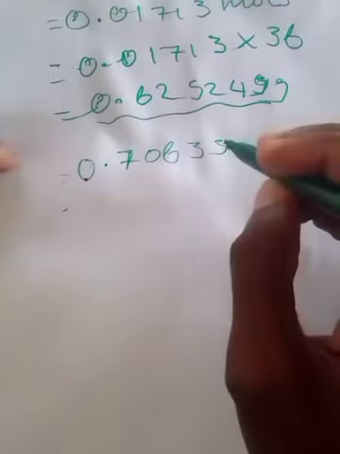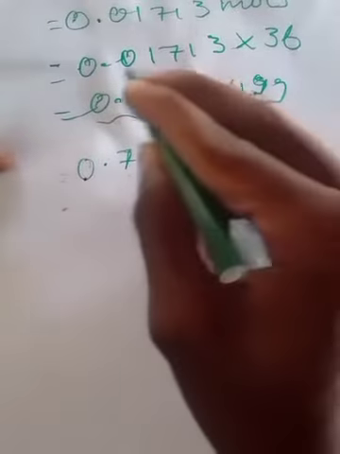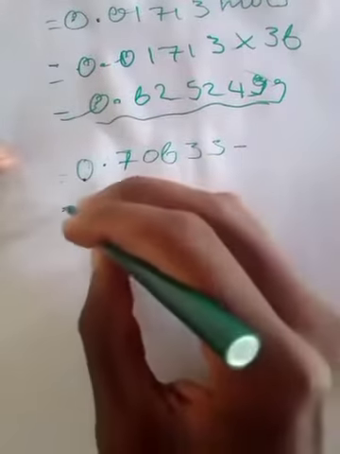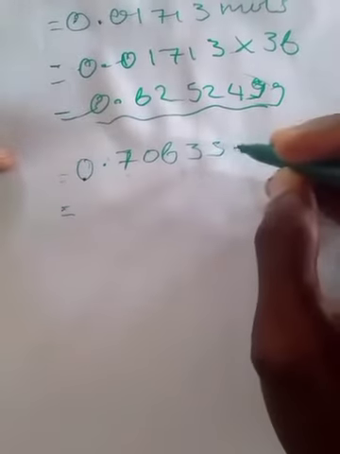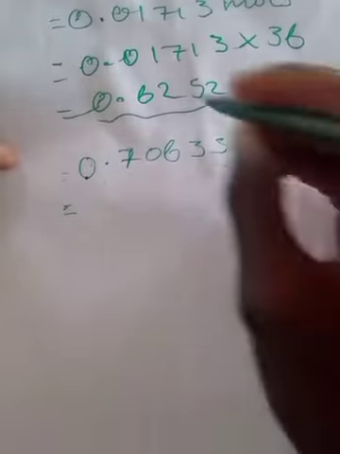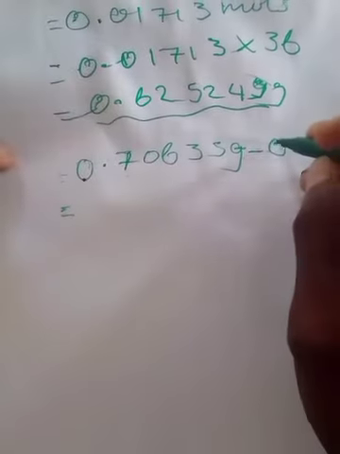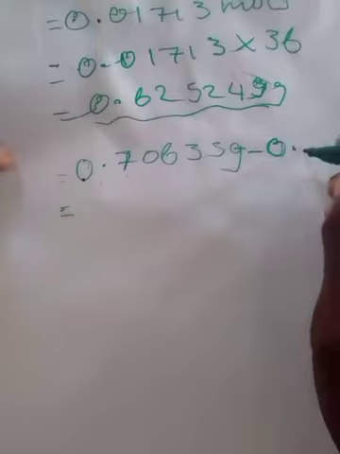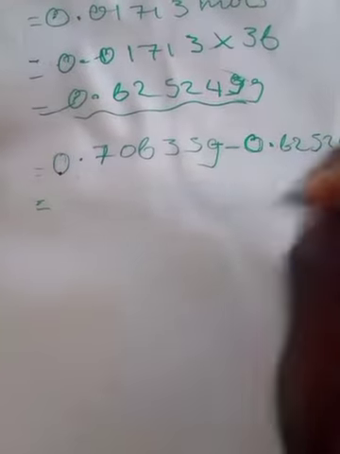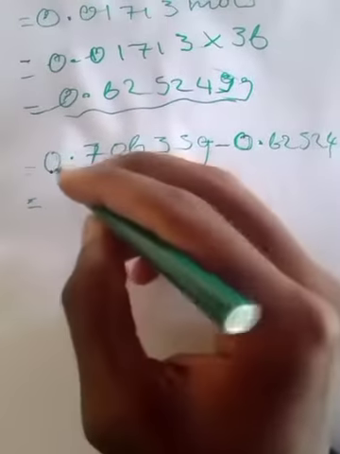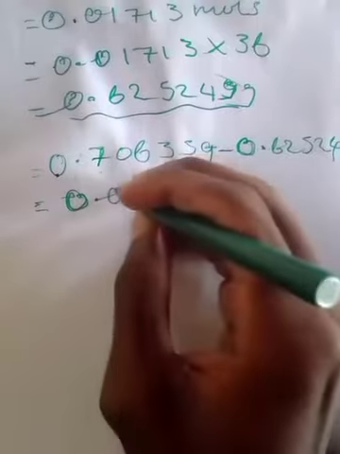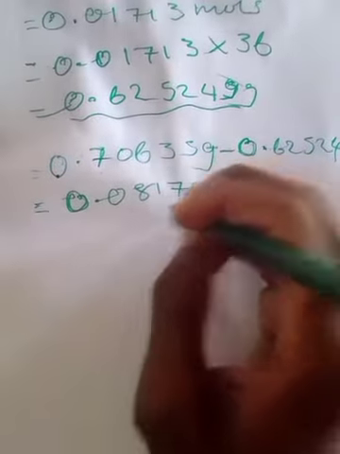You're going to get that mass and subtract the mass that was used up from the initial mass. What you're going to get will be the mass that remained. So this was the mass that was there initially, minus the mass that was used up to produce the product, 0.6252524. After you subtract, you're going to get 0.0817 grams. So this is another way.